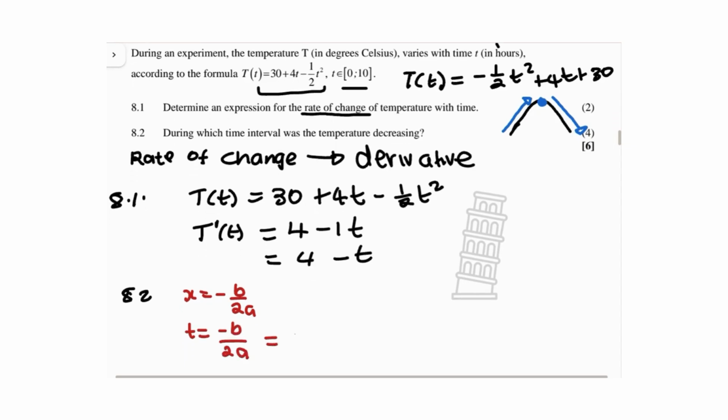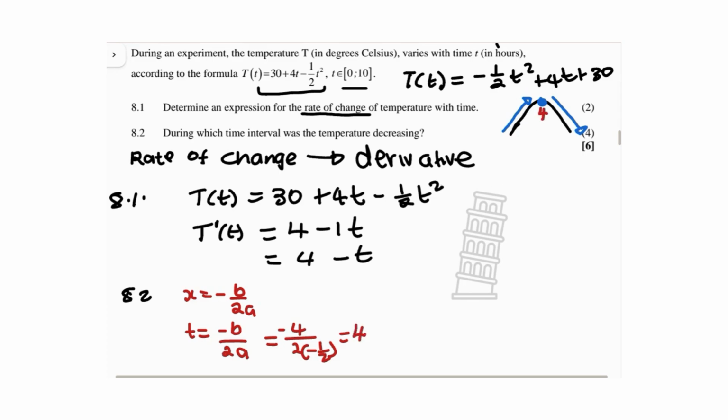My b is 4, so that's negative 4 over 2 times negative a half, and on my calculator that gives me 4. So the turning point is at 4.